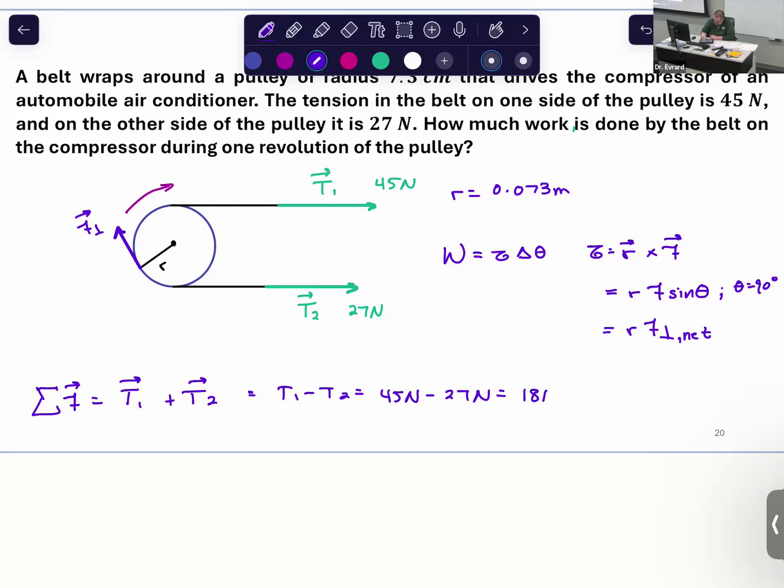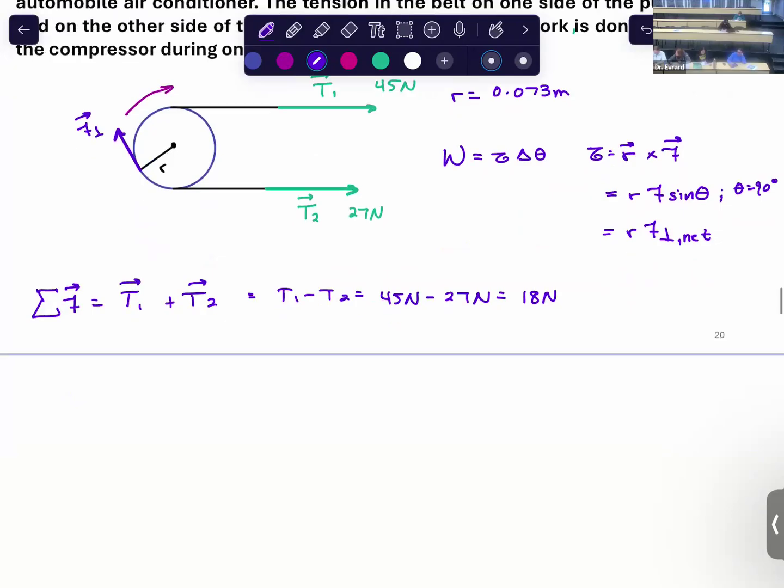That's going to give us newtons. And so for every little or infinitely small distance around that cylinder, the perpendicular force is going to be equal to 18 newtons. So each perpendicular force.